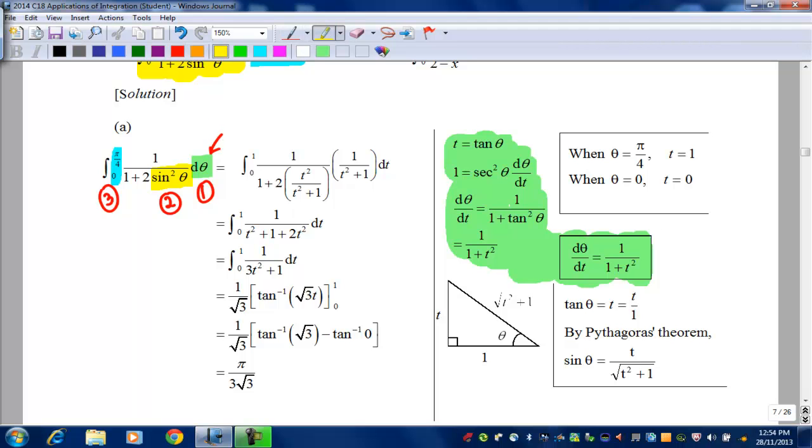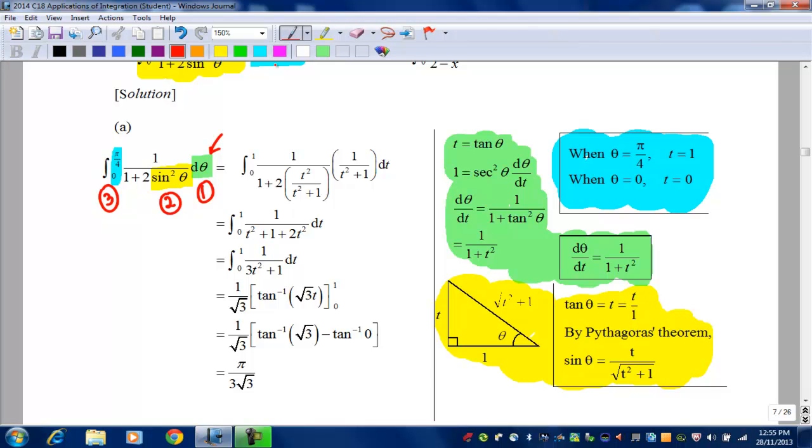The one in blue will be the working for the lower and upper limit. And the one in yellow will be the one for the sine square theta.